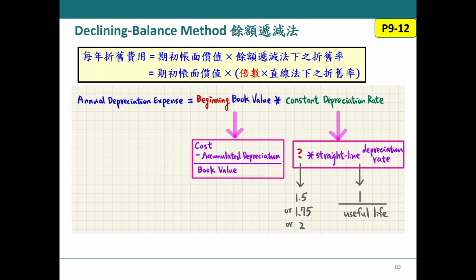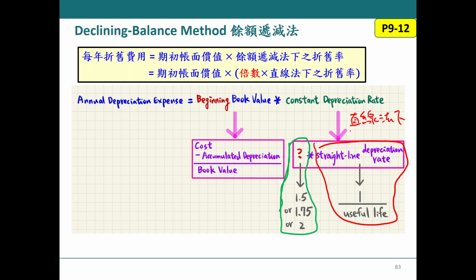Straight line depreciation rate, 直线法下的折旧率. Okay, straight line method, 直线法下的折旧率. So what does it mean?